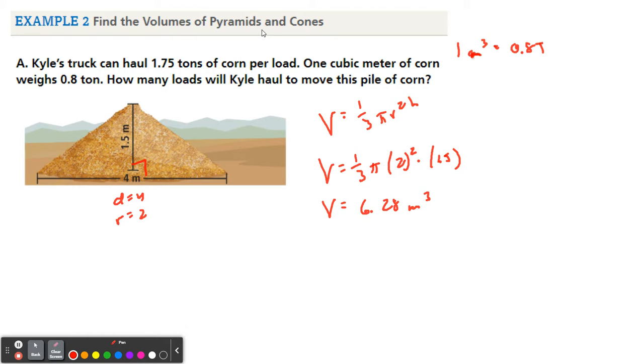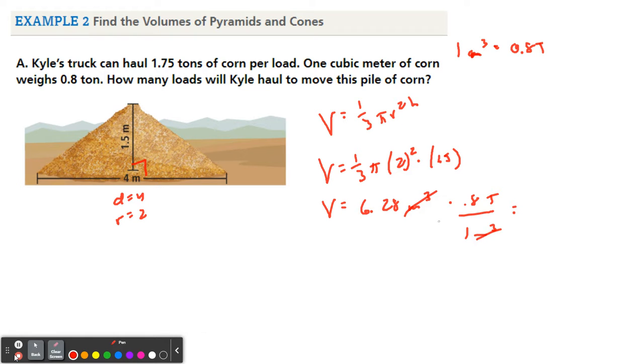Now I need to convert that to tons. If 1 meter cubed is 0.8 tons, we need to take this number and multiply by 0.8. If you think of it as dimensional analysis, this is 0.8 tons over 1 meter cubed. The meters cubed cancel, and that's why we multiply.